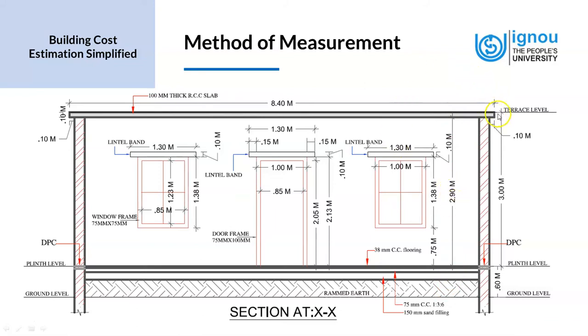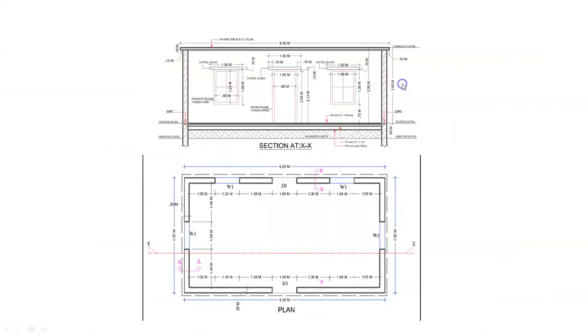Then we have the terrace level. We also have the outer dimension of the room, which is 8.4 meters. We have seen this in the plan also. We have the specification of the RCC slab. It says it is 100 mm thick, which is a 10 centimeter thick roof slab. So these are the pieces of information that we get from the section drawing.